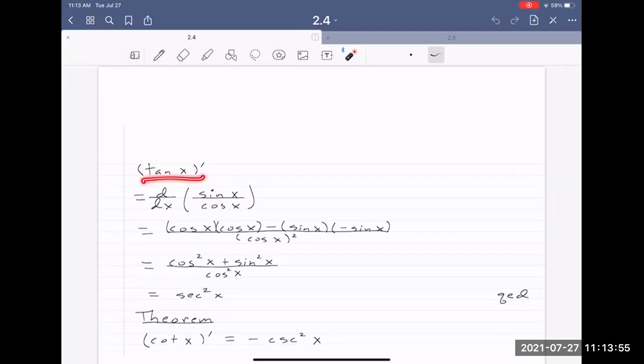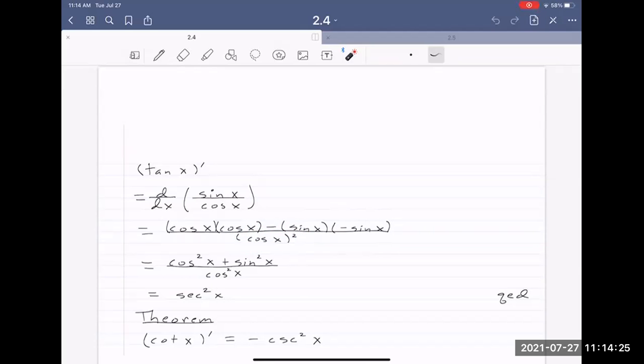The derivative of tangent x is, well, tangent x is sine x over cosine x. So by the quotient rule, it's the derivative of the numerator, cosine x, times the denominator, cosine x, minus the numerator, sine x, times the derivative of the denominator, the derivative of cosine x is minus sine x, all divided by the denominator, cosine x squared.